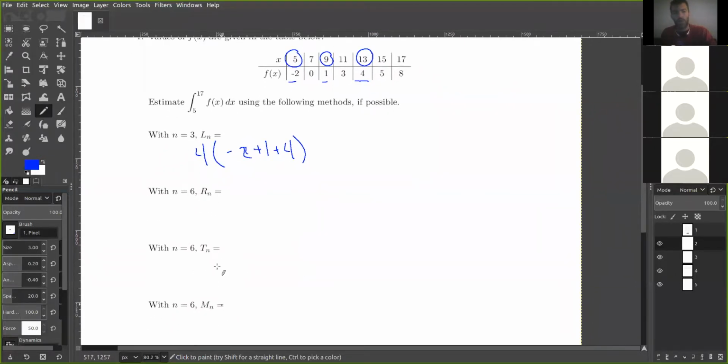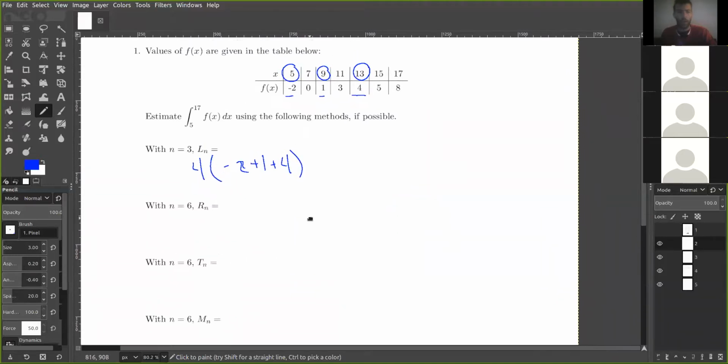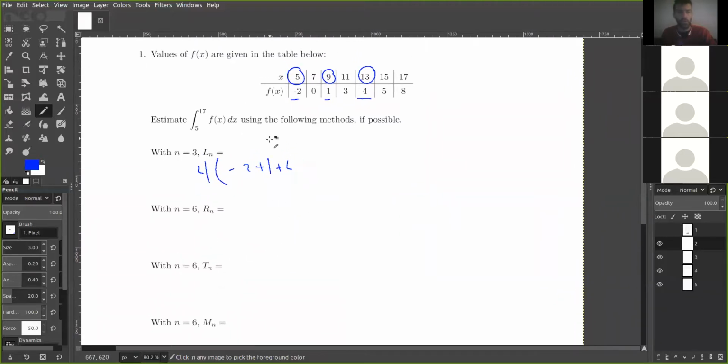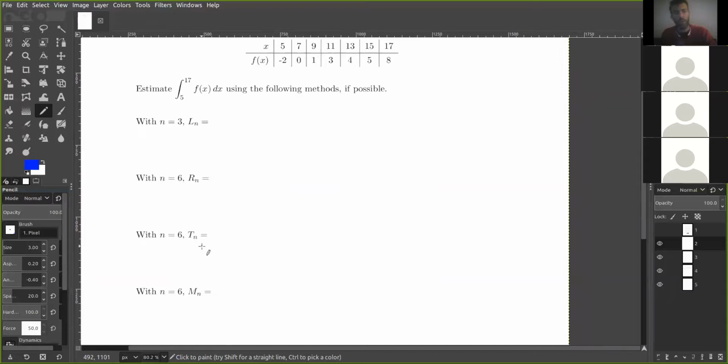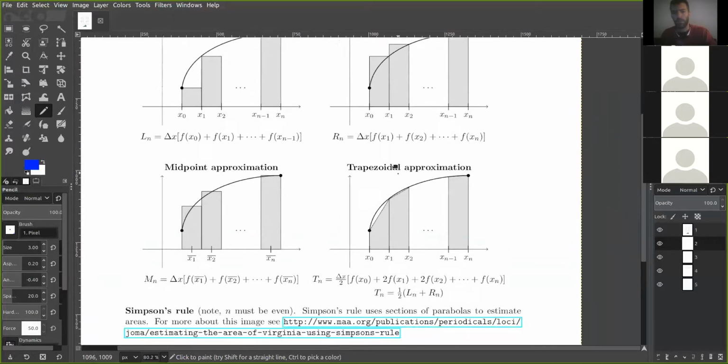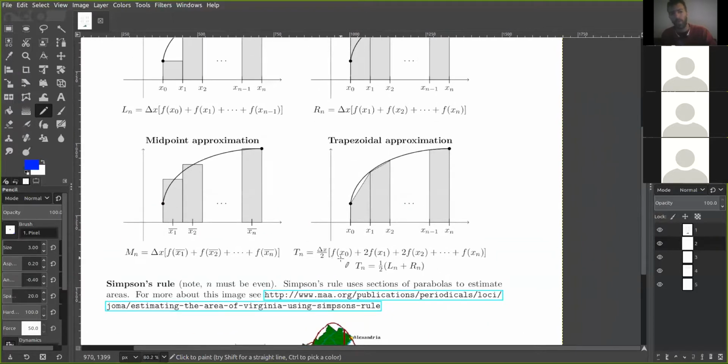How do I do the trapezoid and midpoints? Those are what's going to be new. So let me erase all this. For the trapezoid, you would probably want to just take the average of the left-hand and right-hand sums. That might be the easiest, or of course you could follow the formula and compute it.